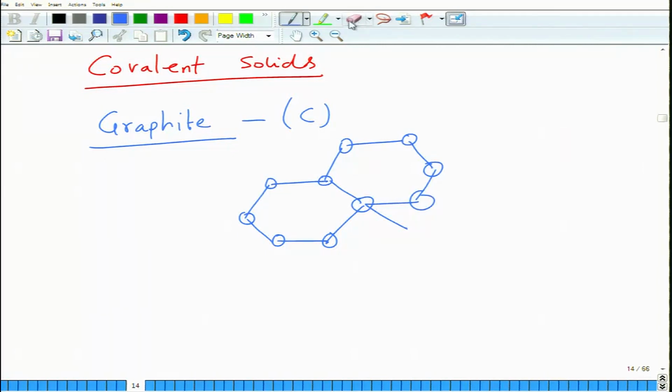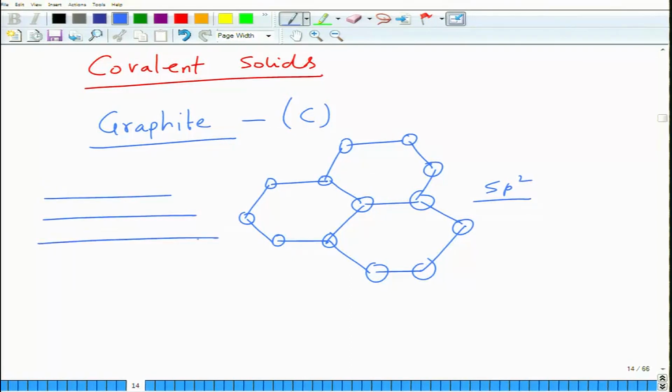We can see that each atom has how many neighbors? If you look at this, it has 3 neighbors. It makes an angle of 120 degrees, so this is an sp2 hybridized structure, and each of these layers. When you put these layers together, if you now look at the cross section, this is one carbon layer, this is another carbon layer.